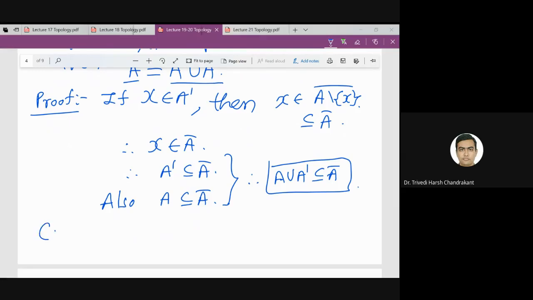Now this converse part is also simple. Conversely, we start with X in A closure, and then we have to show X is in A union A dash.